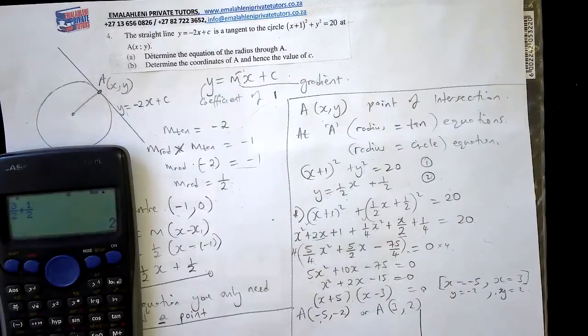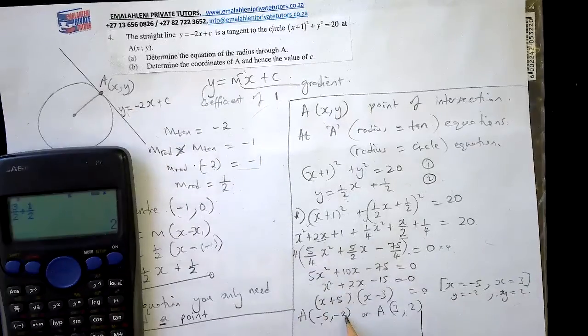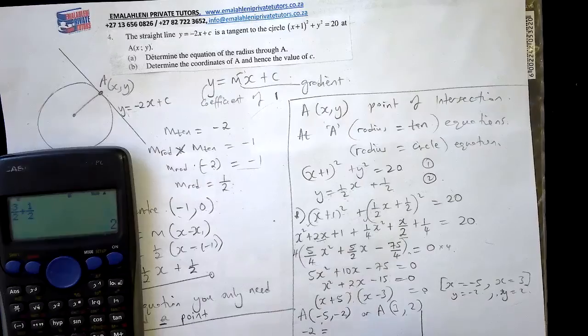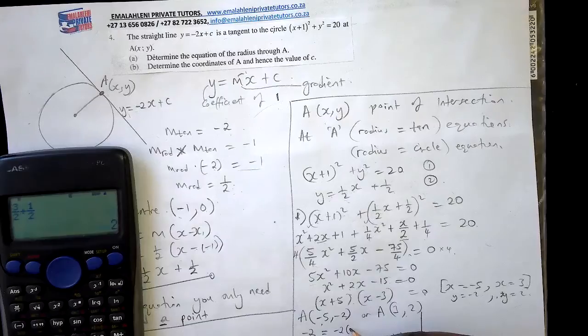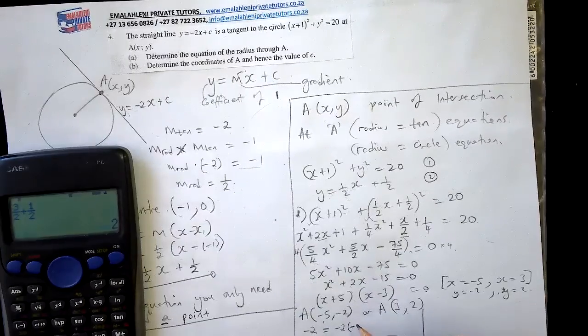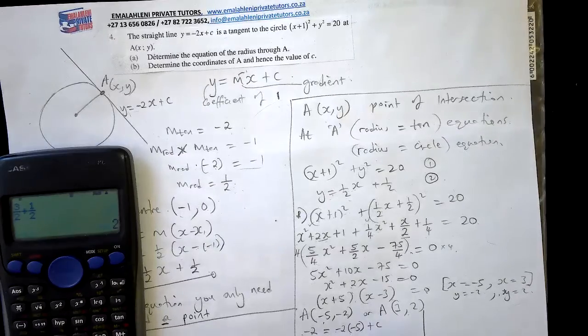We substitute y as negative 2, so negative 2 equals negative 2 in a bracket of negative 5, plus c. In this case we get 10. If we take 10 to that side, it's going to be negative 10 plus negative 2. We get negative 12. So here, c will be negative 12.